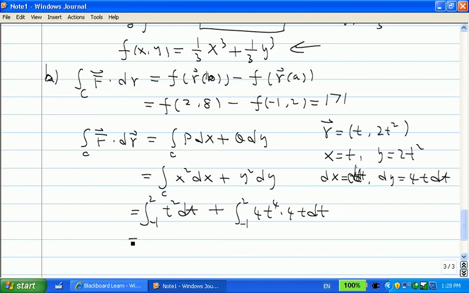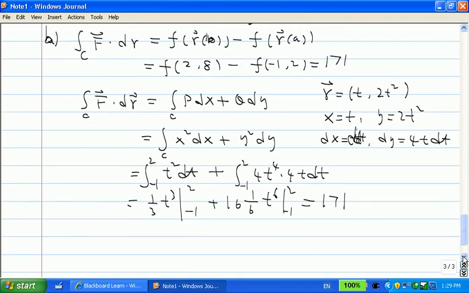So you integrate this to give you 1/3 t to the third, evaluated from minus 1 to 2, plus 16 times the integral of t to the fifth, which gives you 1/6 t to the sixth, evaluated from minus 1 to 2. If you calculate that, it gives you 171/2. So I gave you this example just to verify that the fundamental theorem of the calculus of the line integral is right.